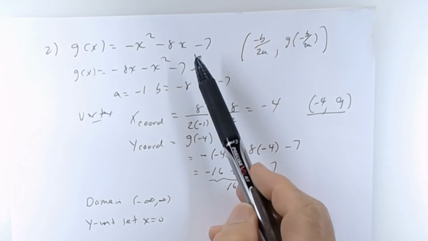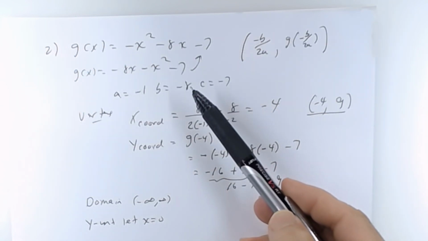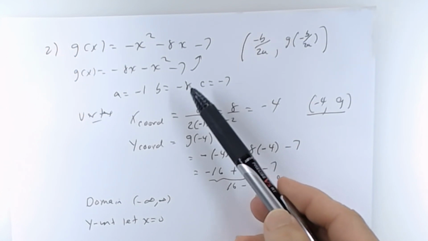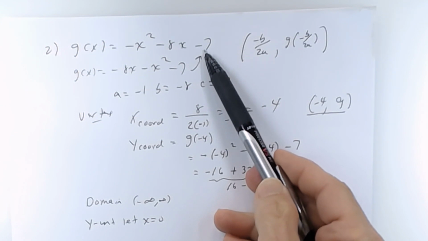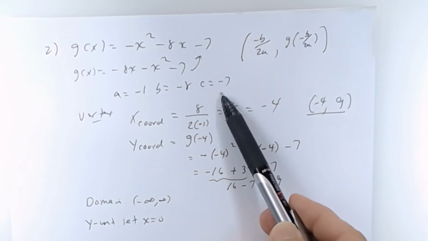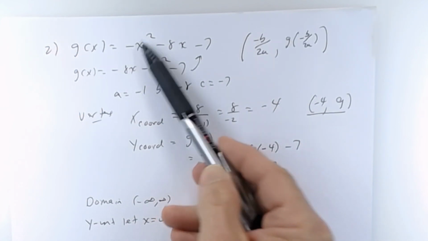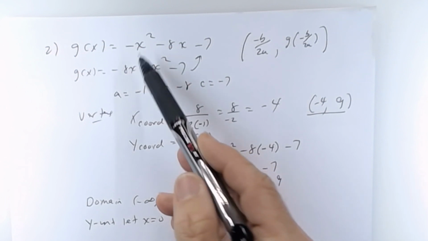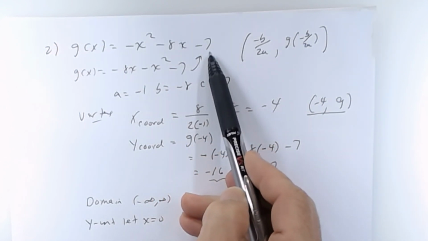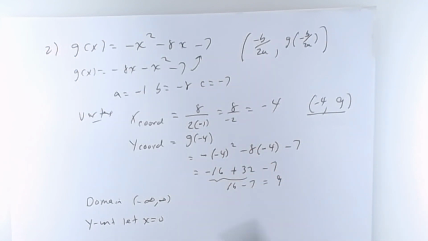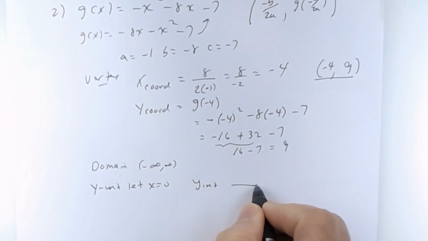If it's in general form, right away, what is that y-intercept? It's your constant. What's my constant here? -7. It's c. When I let x be 0, -8 times 0 is 0. The only thing that's left is c. So my y-intercept is -7.